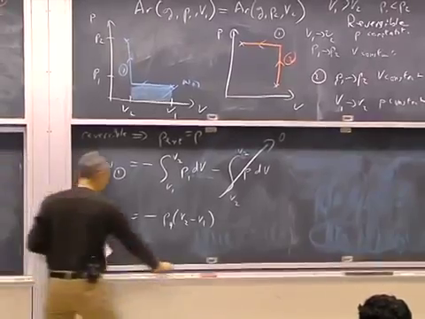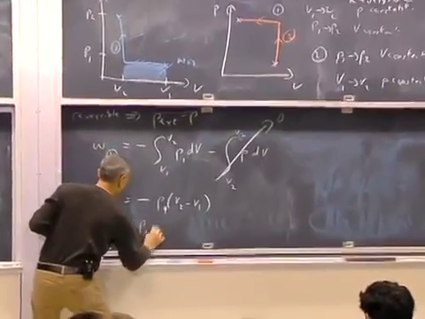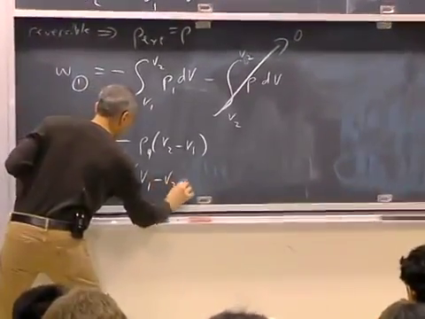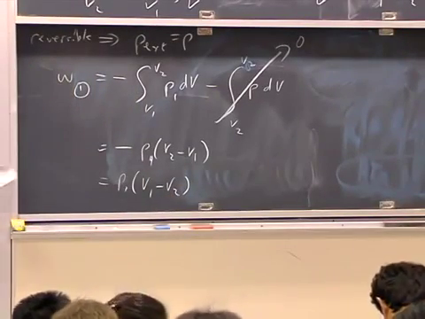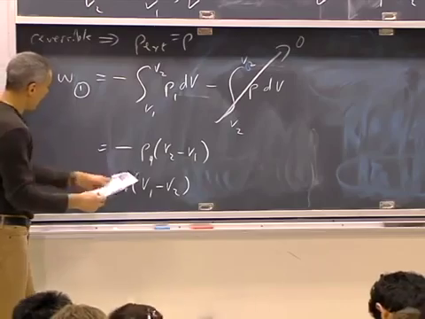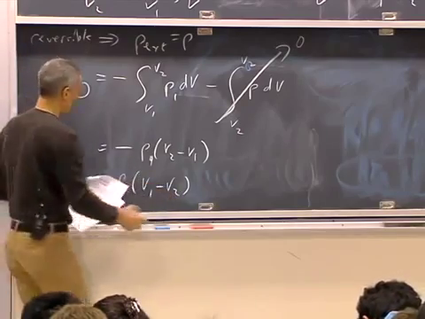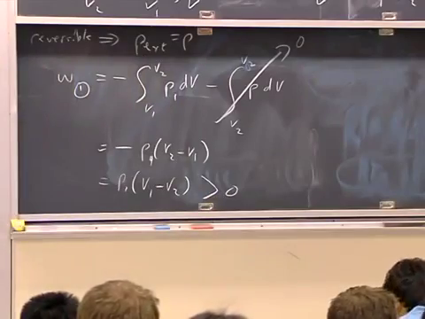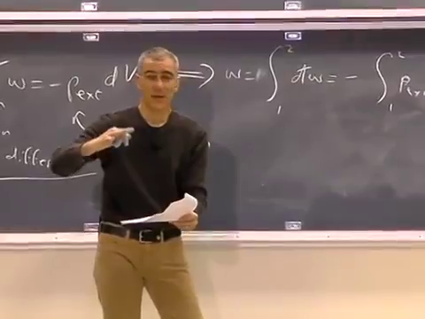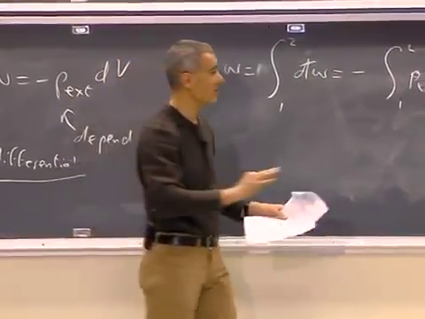Okay, I can rewrite this as P1 times V1 minus V2 and get rid of this negative sign here. Now, V1 is bigger than V2, so this is positive. Right. So I am compressing. I'm doing work to the system. It's positive work. Everything follows our convention.